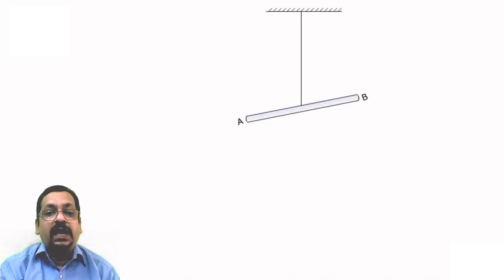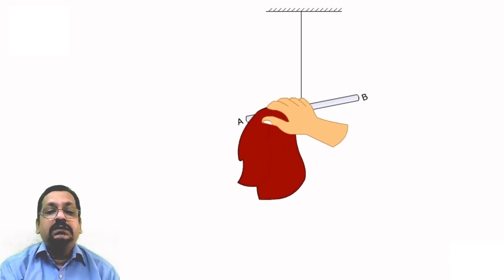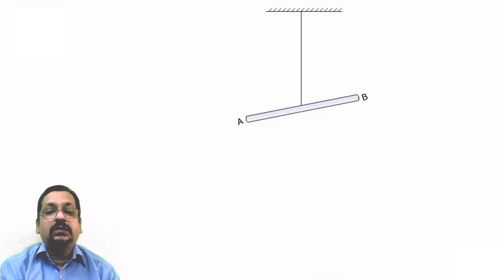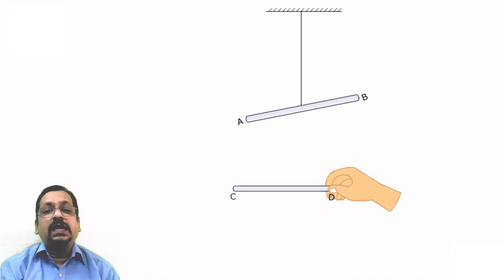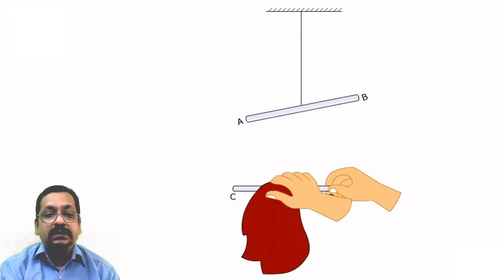Now let us consider one important property of these charges. Again, we have taken a glass rod and it is suspended with some rigid support. Now we are just rubbing that glass rod with silk cloth, so it becomes charged. Now we have taken another glass rod, say CD.